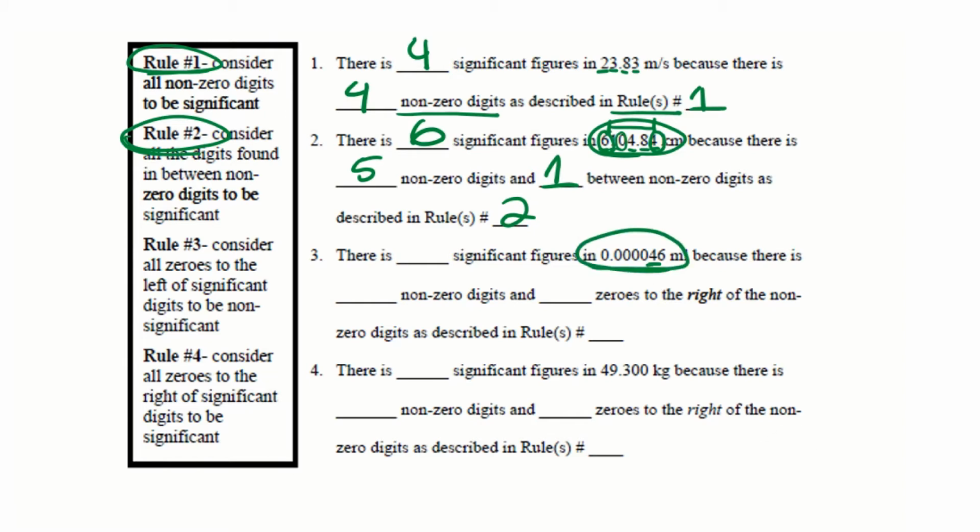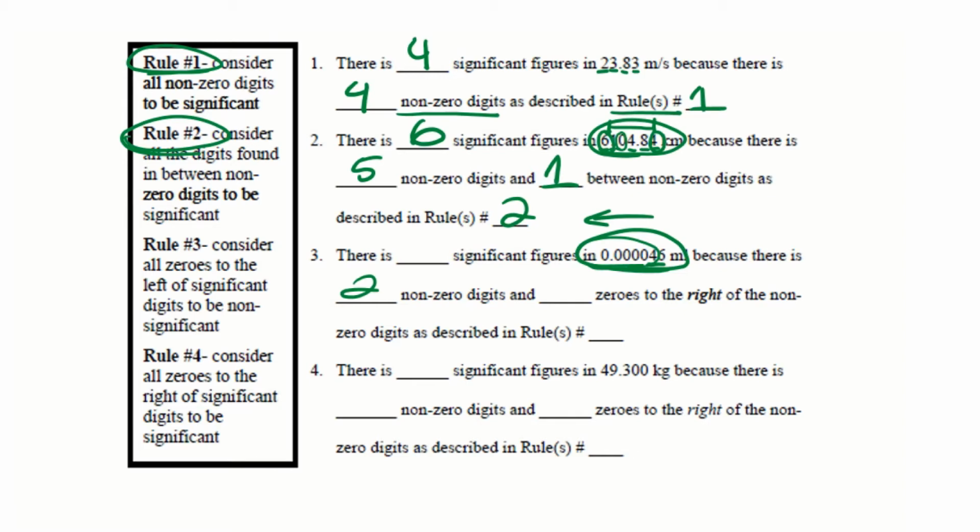We know that these are significant figures because of rule number 1, and that is stating that the non-zero digits are going to be significant. Well, I already know that I have 2 of those. So there is 2 non-zero digits. Now, all of these others that are to the left of those non-zero digits, those are going to be actually considered non-significant. So those zeros are going to be considered non-significant.